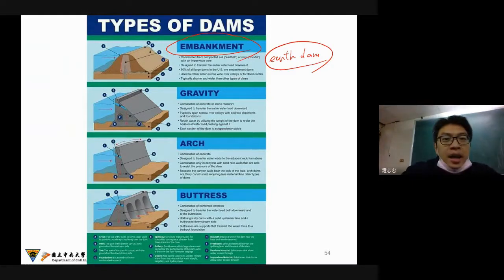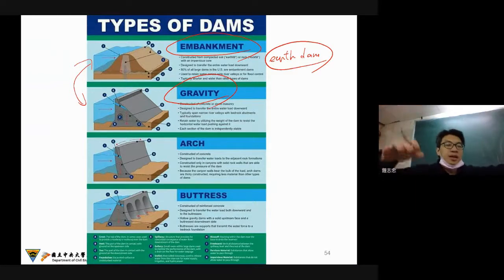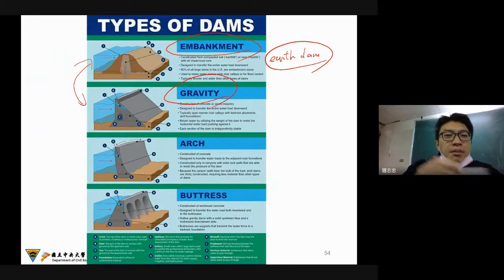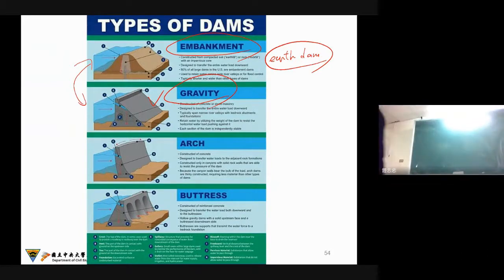And the other one is what we call the gravity dam. I think both of these use very large amounts of material and depend on their own gravity to defend against the water pressure. But the first one is made of soil, and the second one is made of concrete. Maybe I can turn off the light.